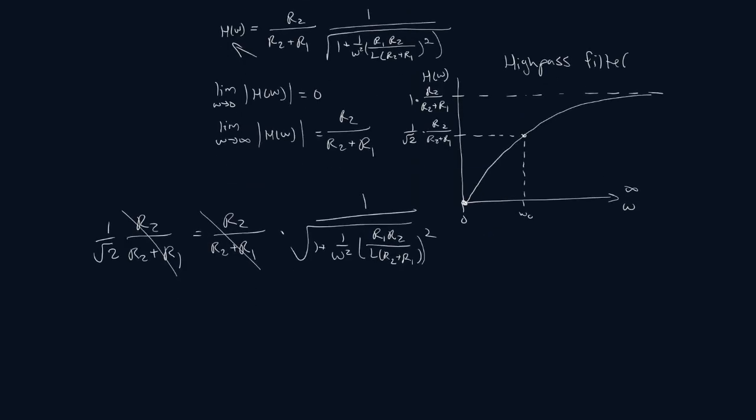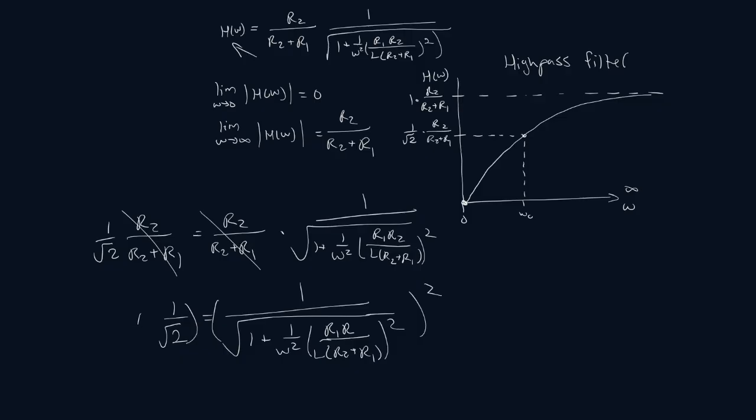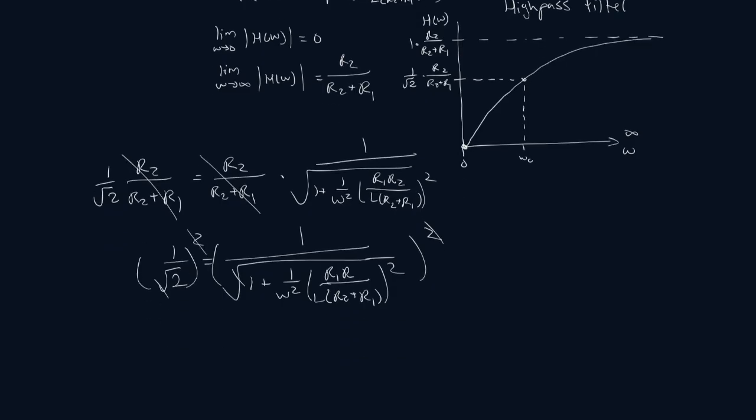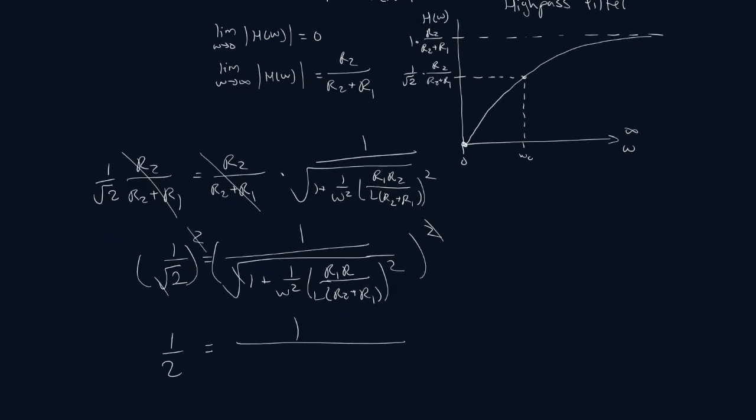This and this cancel out, so we just have 1 over the square root of 2 equals 1 over the square root of 1 plus 1 over W squared times R1 R2 over L times (R2 plus R1) squared. So what we'll do is square both sides. That way the square roots cancel out. So we'll just have 1 over 2 equals 1 all over 1 plus 1 over W squared times R1 R2 all over L times (R2 plus R1) squared.